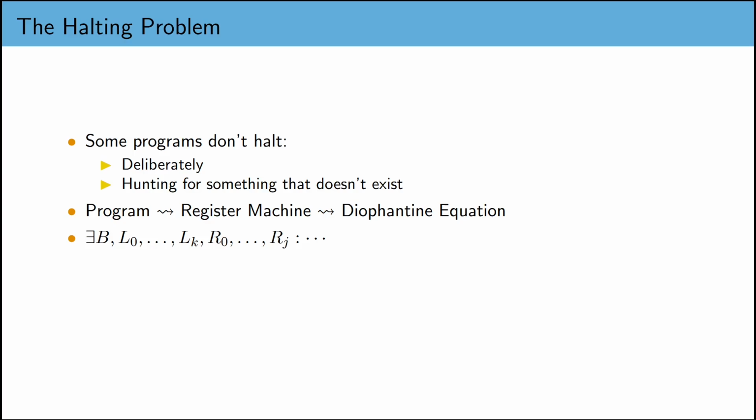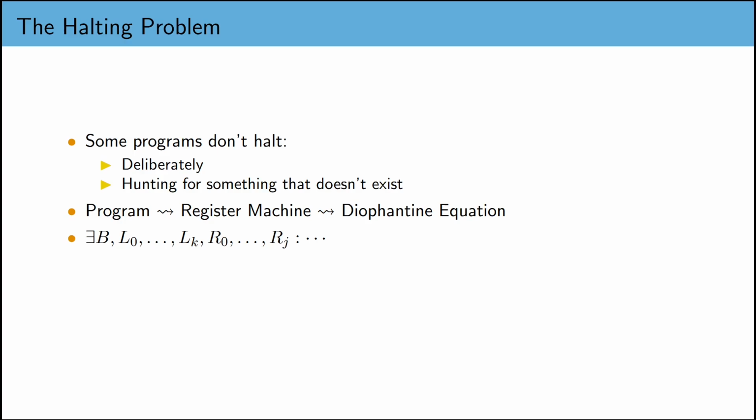But of course, such L's and R's can't possibly exist because they would then have only finitely many digits to them, and thus give us a finite sequence of steps in accordance with the operation of our machine from the start to the end. And we said our machine doesn't halt when we run it according to its operation. So not halting corresponds to there not being a solution to our Diophantine system of equations. And this makes sense, of course.